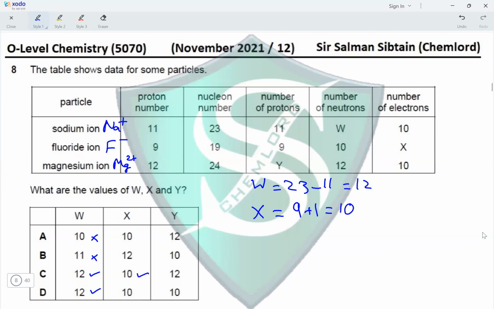Again, both options C and D have 10 for the value of X, so we will have to find out Y now. So Y is equal to the number of protons, which is equal to the proton number. So the proton number is 12, so Y is 12 here. So out of the two options, C has the value of 12 for Y and D has the value of 10 for Y. So this makes C the correct option for this question.